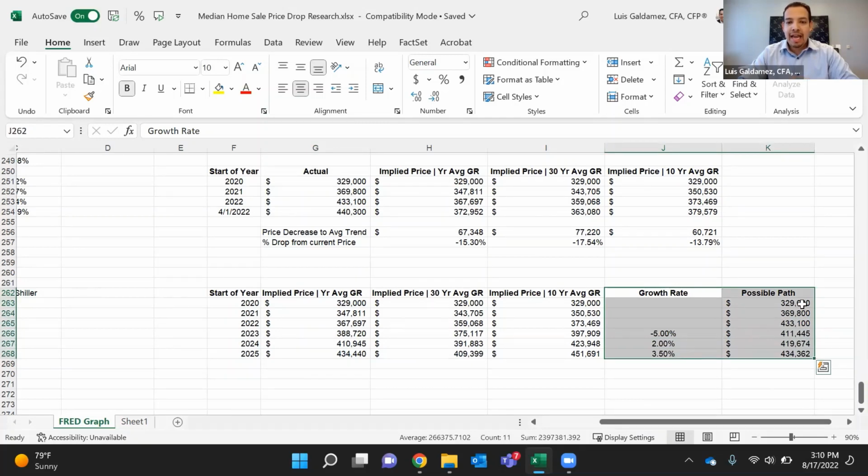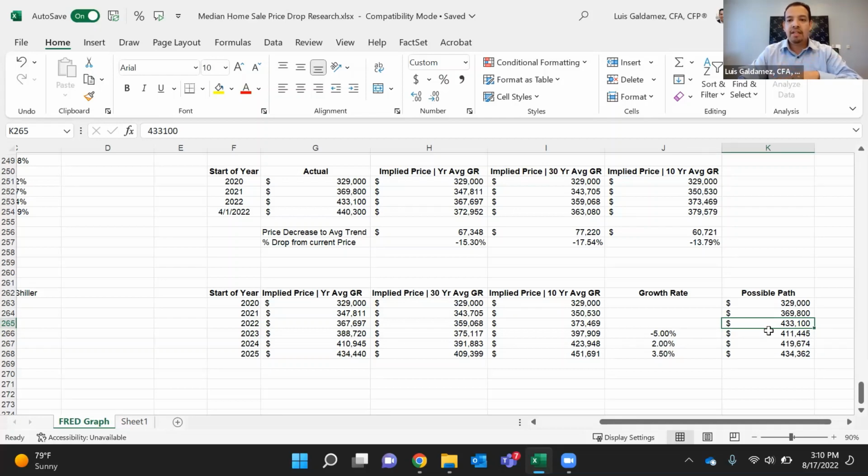329,000, as I said, that's the actual data print at the start of 2020. 2021, right? It's the actual 2021, and 2022 is the actual amount. And so what I'm doing now, you see these growth rates, I say, look, if we actually decrease 5% on an annual basis going into 2023, so from right now to the end of the year, we drop 5% on the national level.